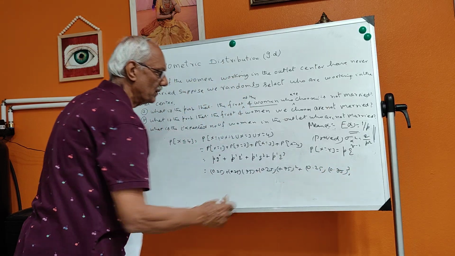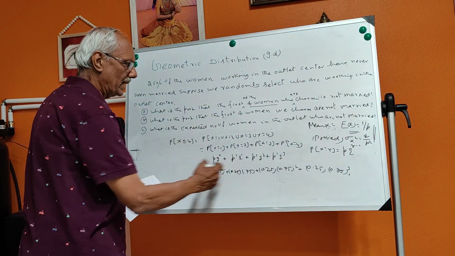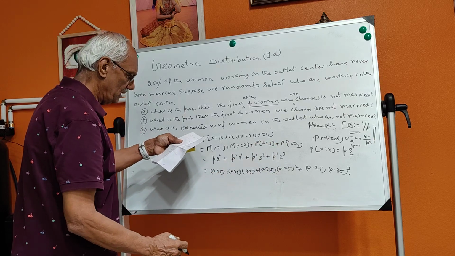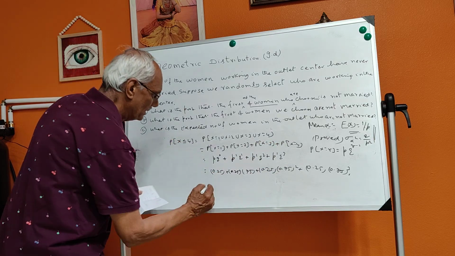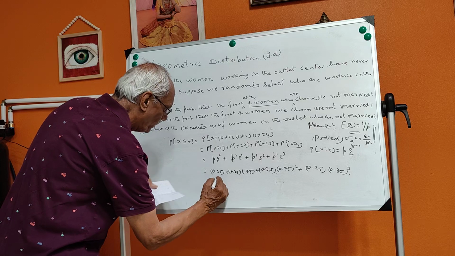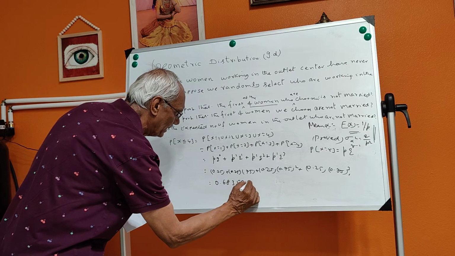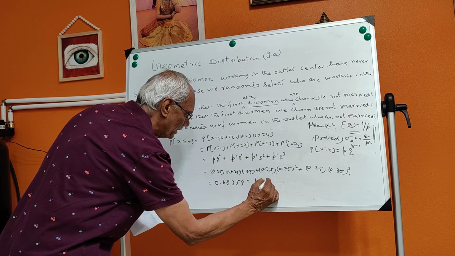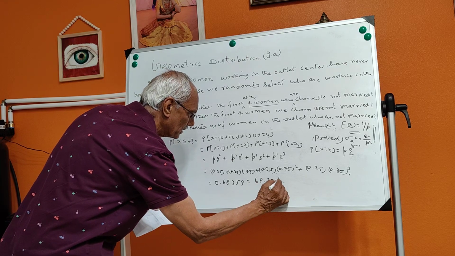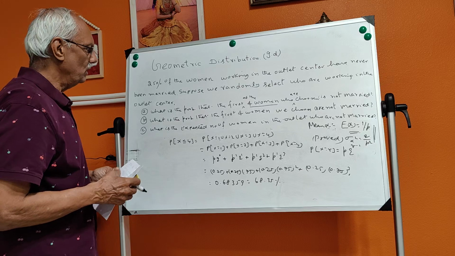This we have found. If you use the calculator, what you will get here is 0.68359, that is equal to 68.35%. So what is the meaning of this?